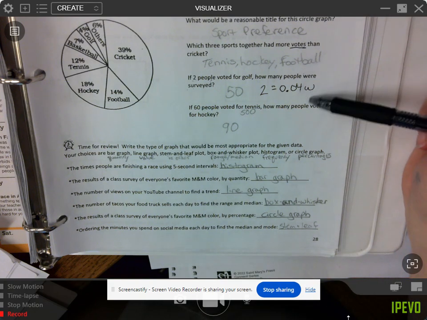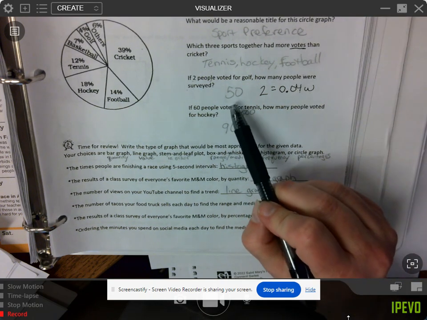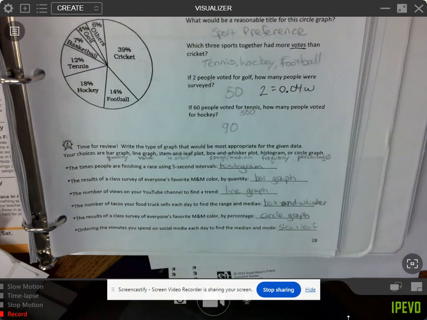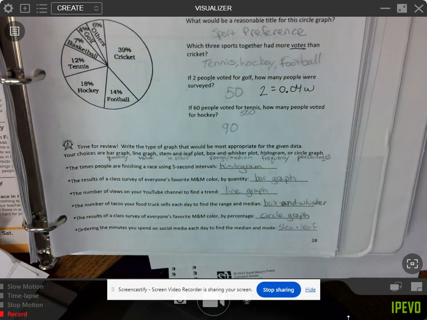Using this equation, how did I get 50? Connor? I think I did it a different way than you, but I added 10 percent, hockey percent, each football percent, and then I divided it by 2, and then I don't really know.